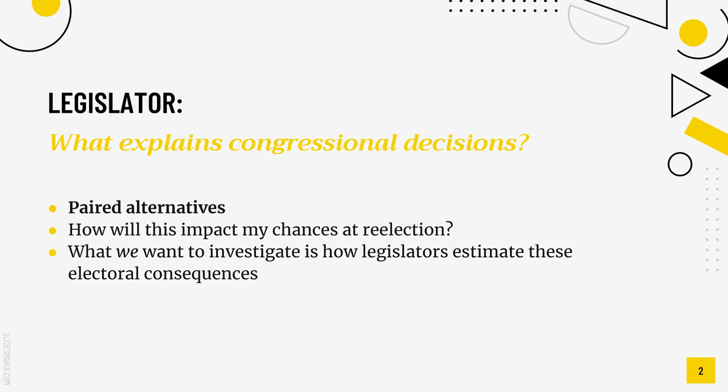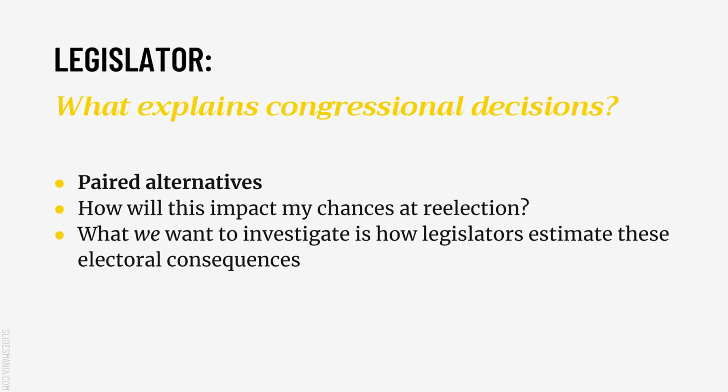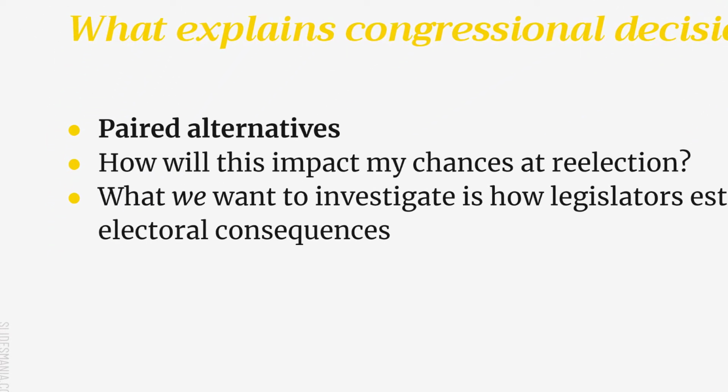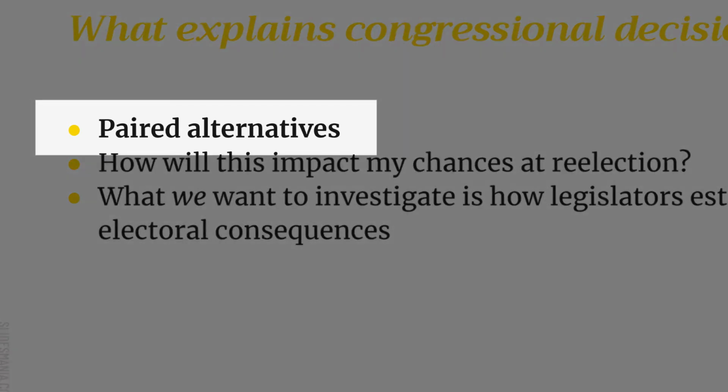Well, one thing that Arnold notices and puts forth for his theory is that legislators are constantly facing dichotomous decisions, right? Their worlds are dichotomous. And this means that they're faced with a decision. They can either pass the bill or vote against a bill. Or they can either accept an amendment or they can reject an amendment.